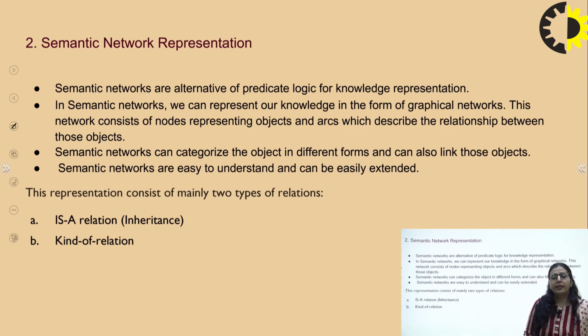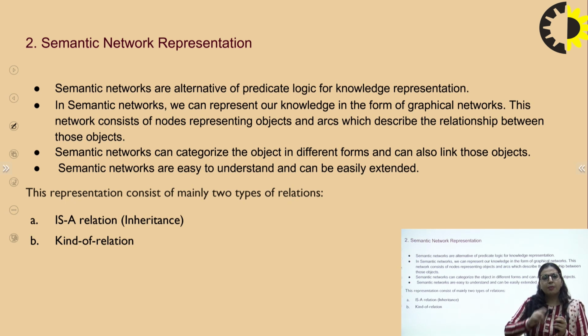Another technique is the semantic network. In this, we are representing the knowledge in the form of nodes. We can take it as a kind of network. Means we are representing the knowledge in the form of a network. It has nodes, and nodes can be any object.